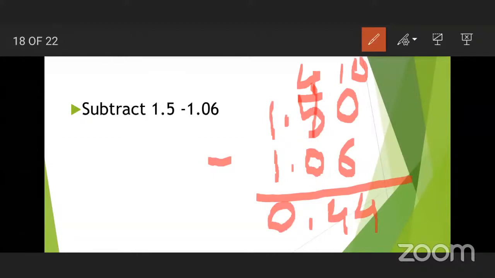So our answer is 0.44. Now I think you will understand how to subtract decimal fractions.